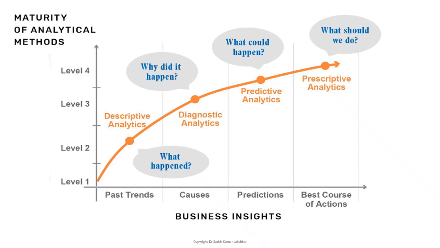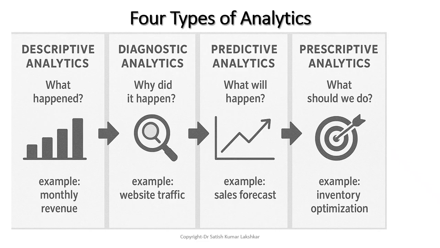This level indicates the maturity of the analytical methods: descriptive, diagnostic, predictive, and prescriptive. Again, this is summarized for your convenience with some examples. For example, monthly revenue gives us descriptive analytics, what has happened.